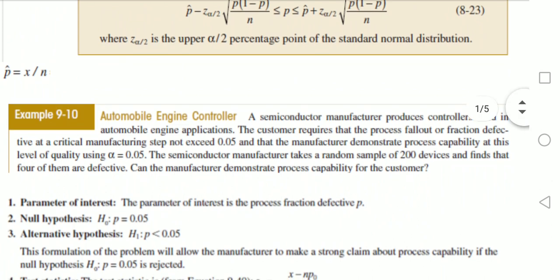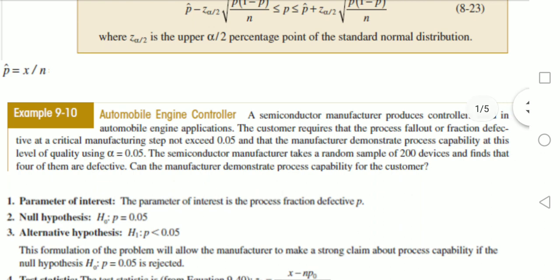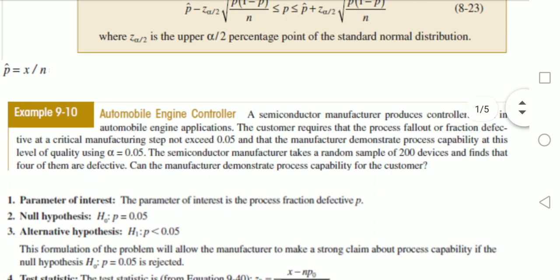So we have the statements. One is the process fraction defective, which should not exceed 0.05. That is the proportion value. Fraction means only proportion. The proportion value should not exceed 0.05. This is the given statement, and we want to test that statement.